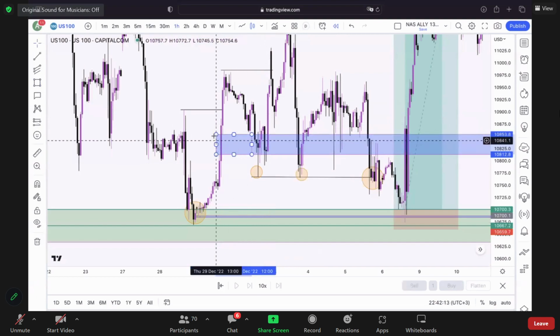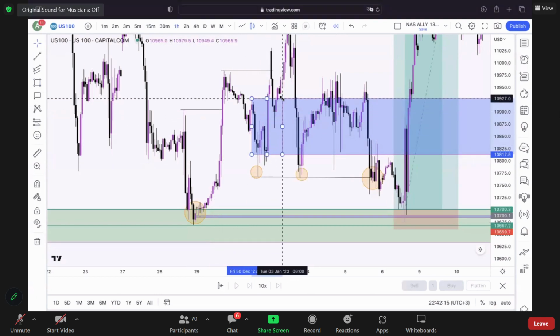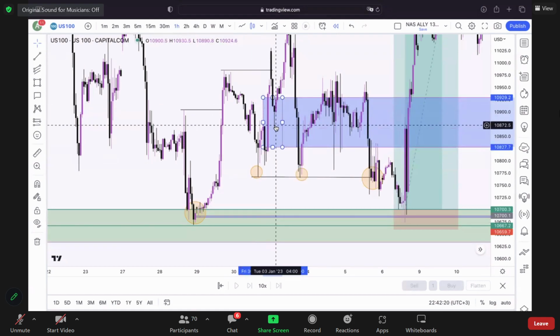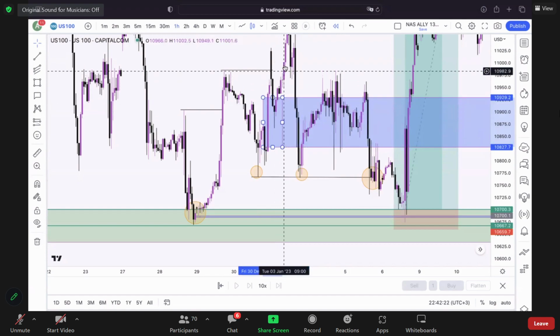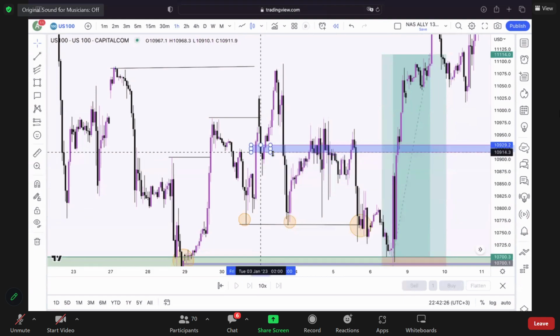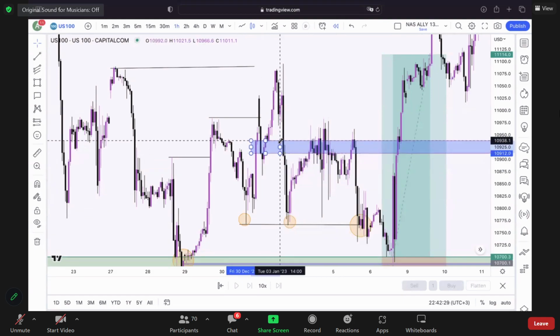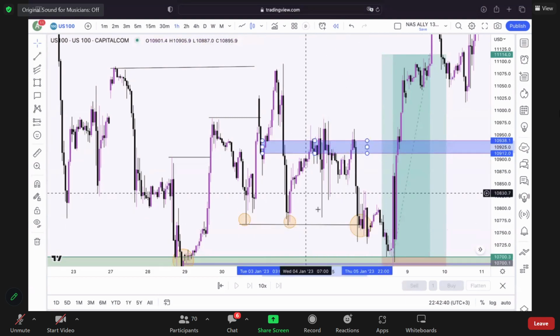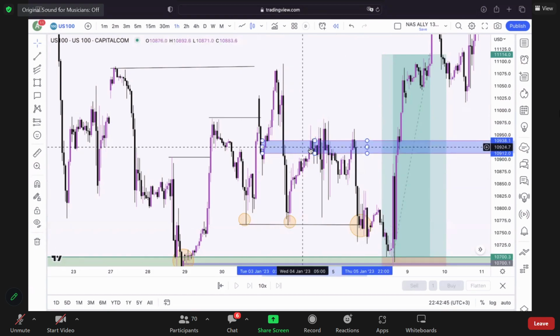Then they create more imbalance, they fill 50% of it, and then they start to move away. Then they create more imbalance, they fill it, and look what they decide to do: move the opposite way. So it all is a game of demand and supply sitting at those levels.